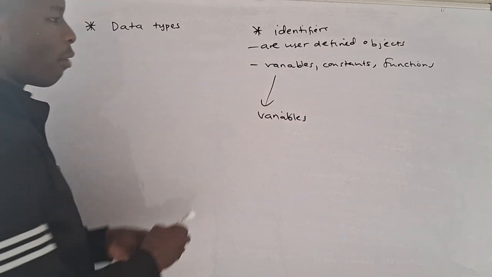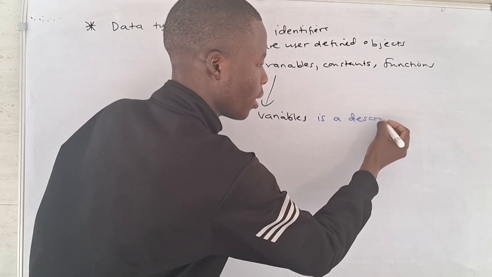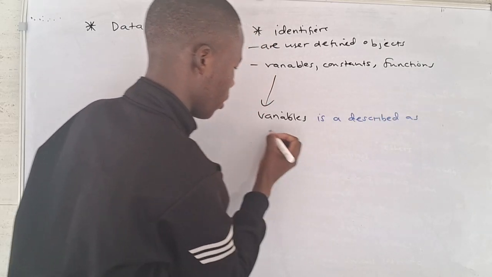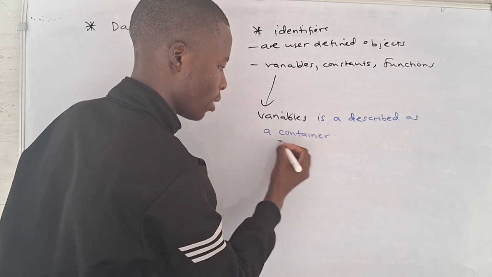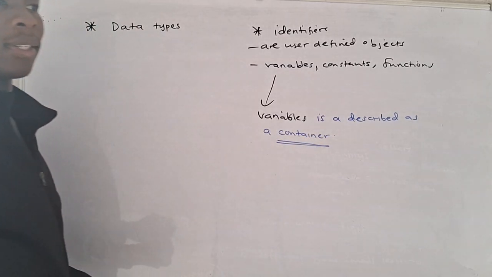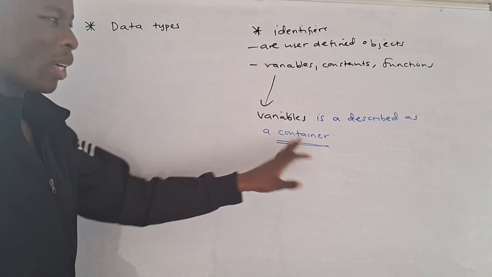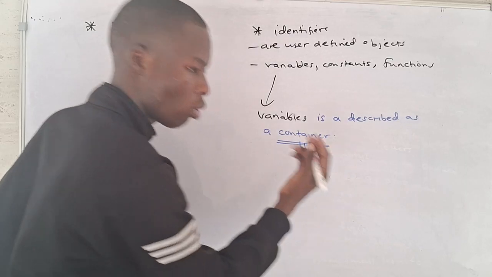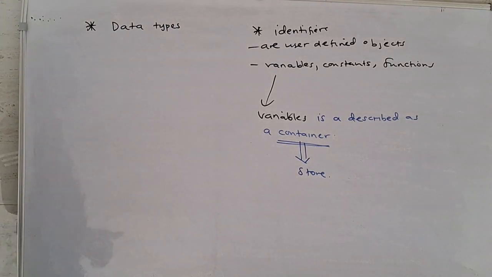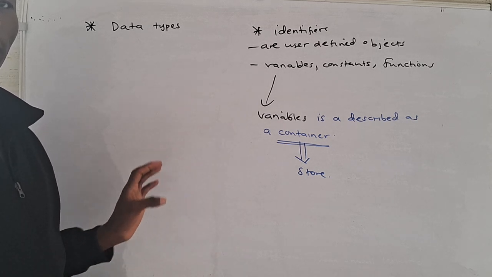A variable is described as a container. If a variable is described as a container, what is the purpose of a container? The purpose of a container is to store. If you have a juice bottle, you can call it a container.